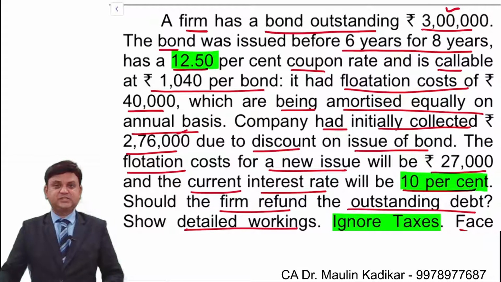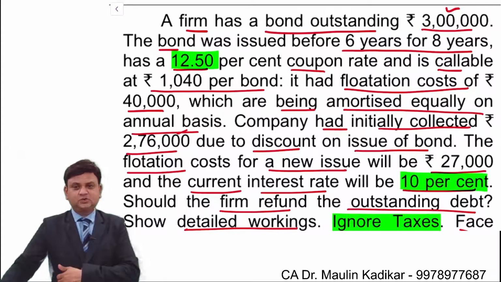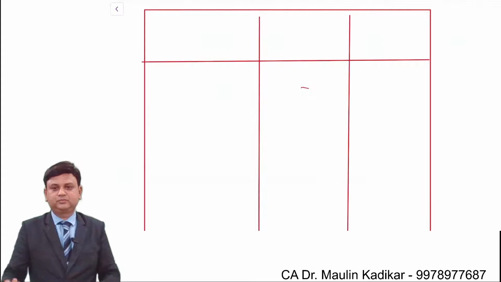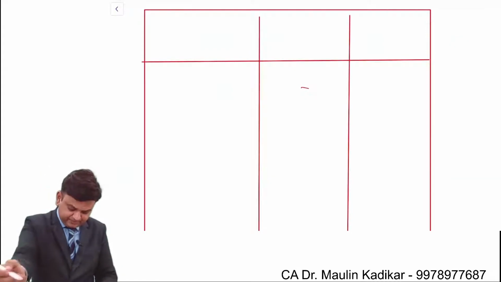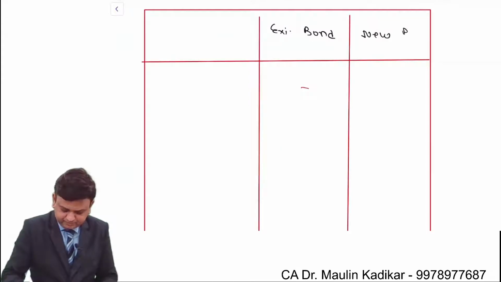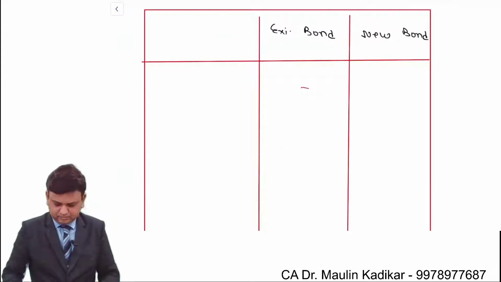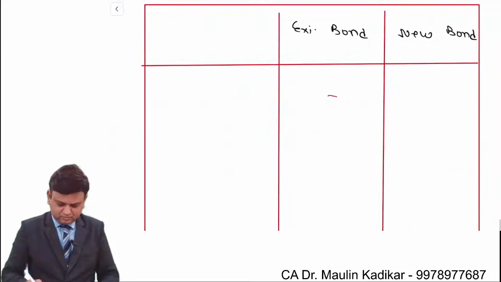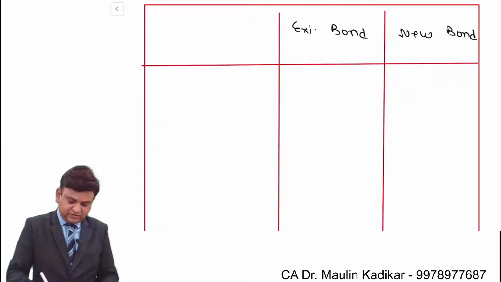Everybody is requested to go through the question, please. Everybody is requested to write down along with me. There is an existing bond and there is a new bond. We have been provided with the information about the face value.